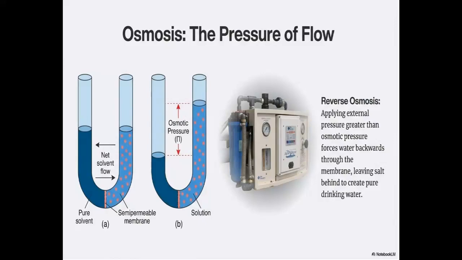Now, I can force those particles to move from right to left by pushing down on that column. That will make those water particles move towards the left. This side will get more concentrated in solute, and this one will get more pure water. So reverse osmosis is what they use to purify water by reversing the natural flow of water towards the side where there's more water.